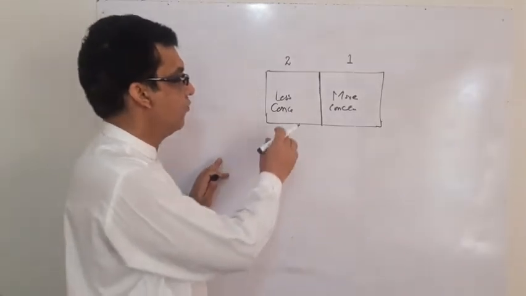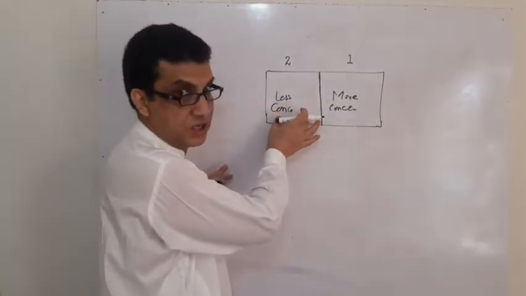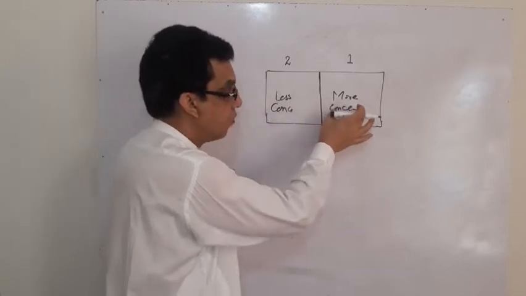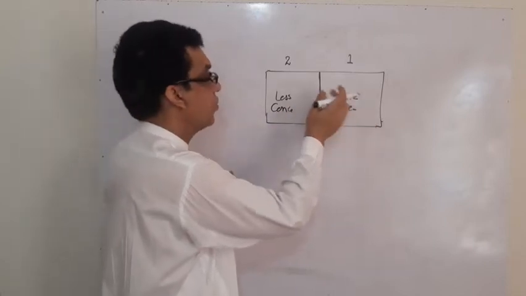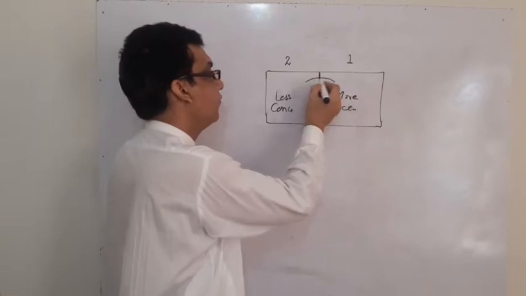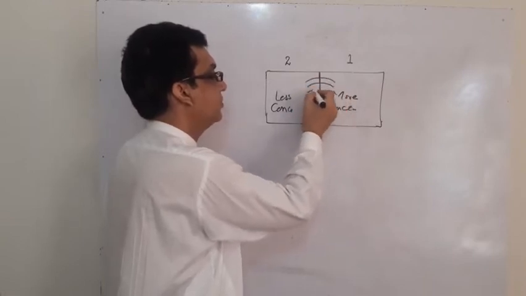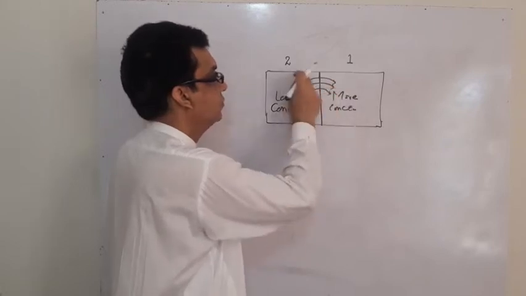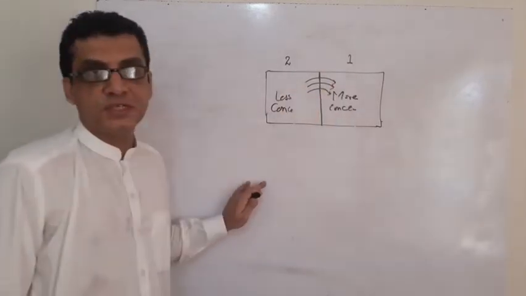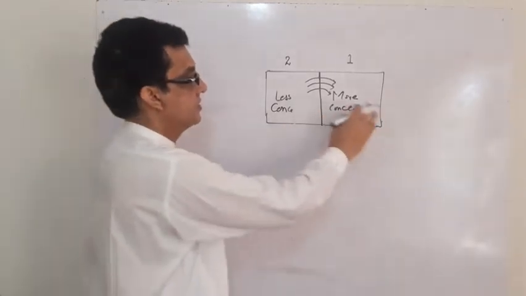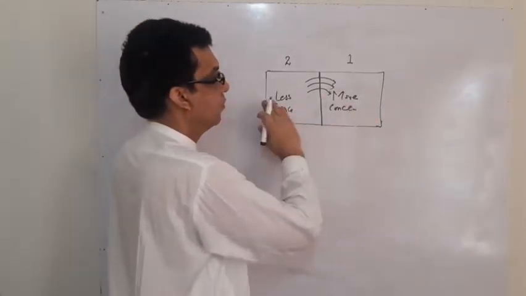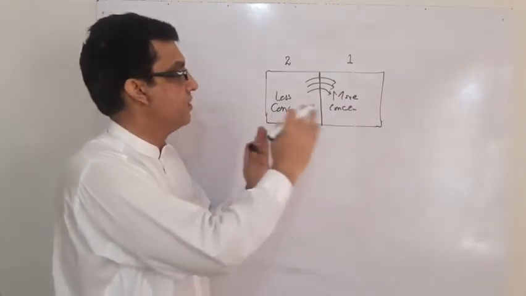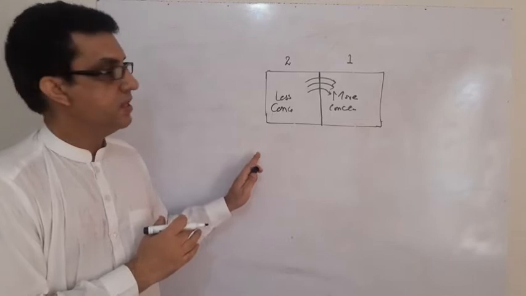So water will move, keep in mind, from the less concentrated solution toward the more concentrated solution. So water will move from this solution to this solution, from 2 to 1, by the osmosis process, until the concentration of both solutions remains the same. Then the movement of water will stop.